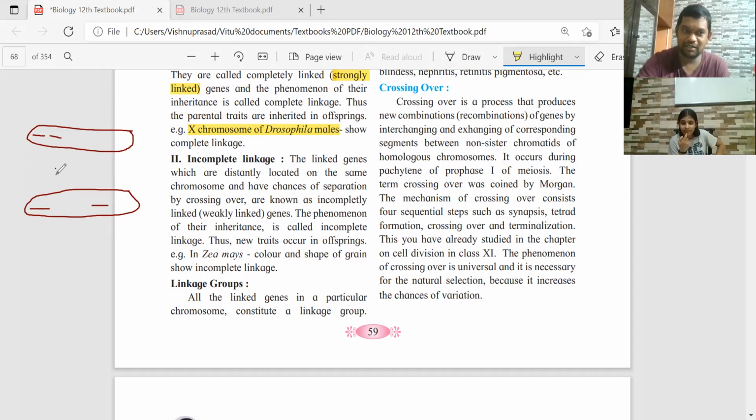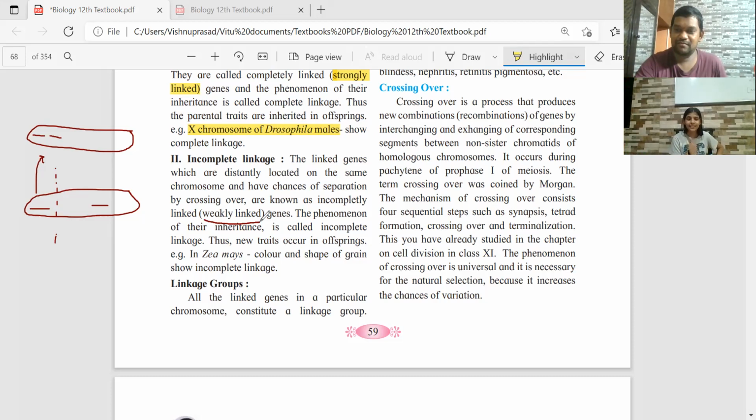Whenever crossing over or recombination happens, इतना portion कट के it can get exchanged with another chromosome. Of course, the genes have got separated. So that's incomplete, weakly linked.